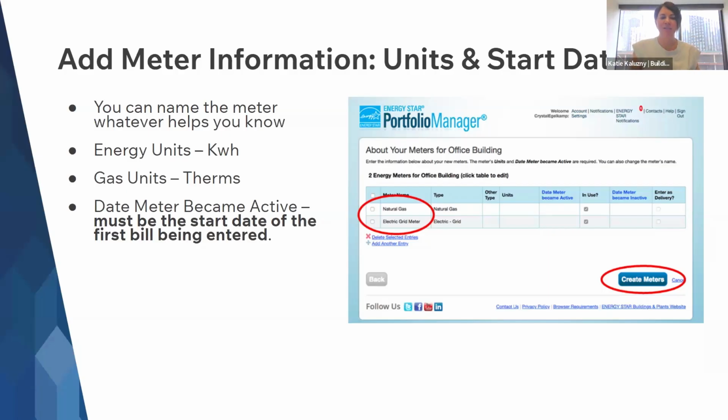Portfolio Manager is going to always get mad if these dates don't match. So if you're going to start benchmarking your data as of January 1st, 2024, then make sure you set your meter start date as that same date.